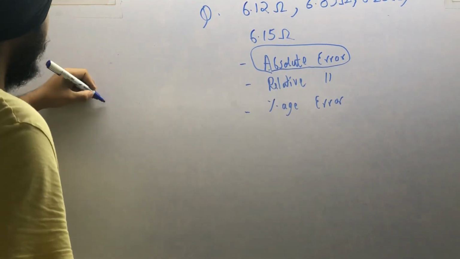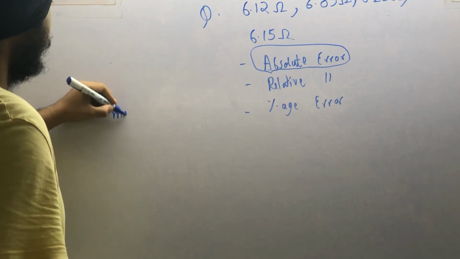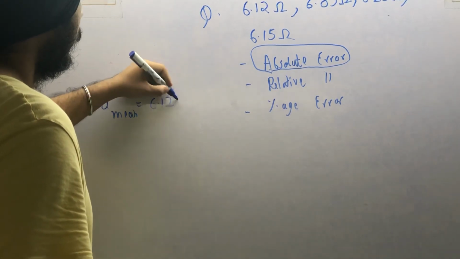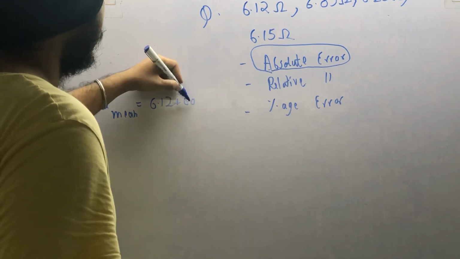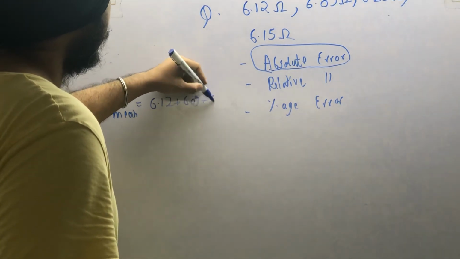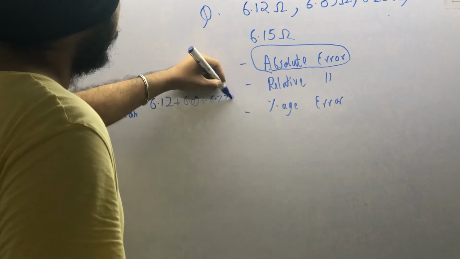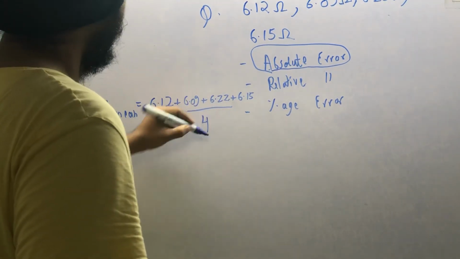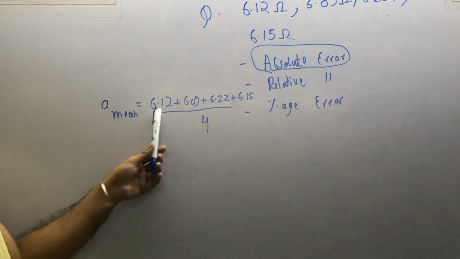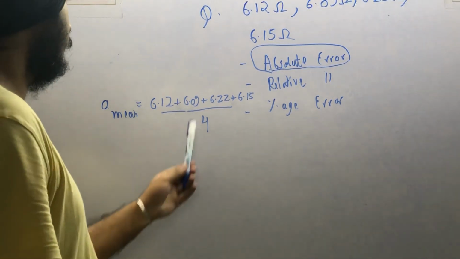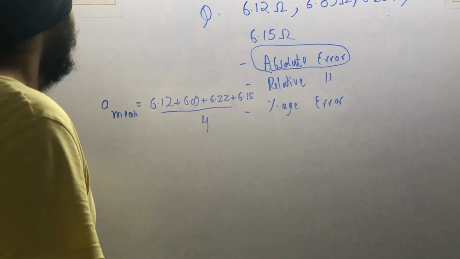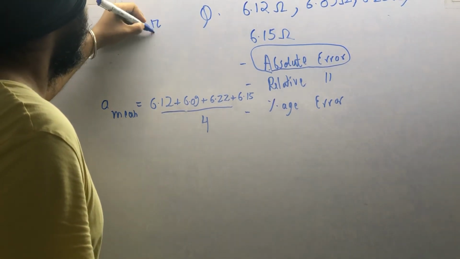So the arithmetic mean will be 6.12 plus 6.09 plus 6.22 plus 6.15 divided by 4.